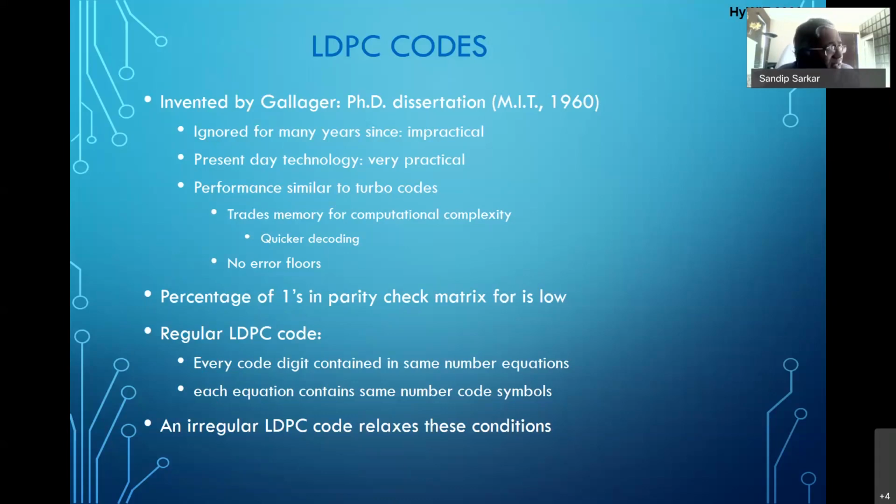Now, if you just take plain performance, you could possibly find a turbo code and an LDPC code where the waterfall curves look exactly the same, except for the error floor. So the turbo code will typically have some error floor, but LDPC will continue to follow the waterfall shape. The decoding trades memory for computational complexity.